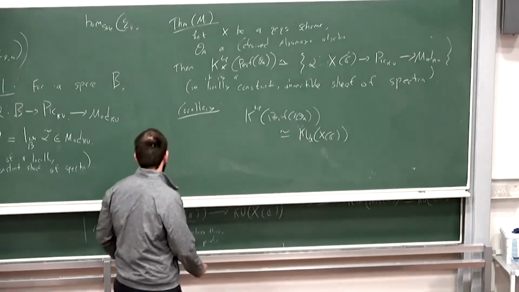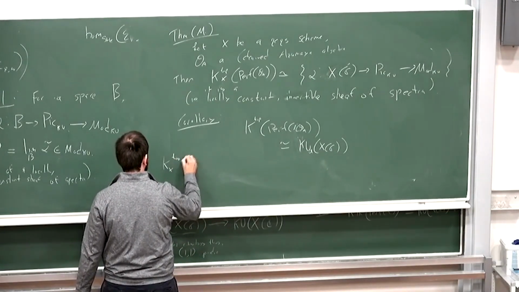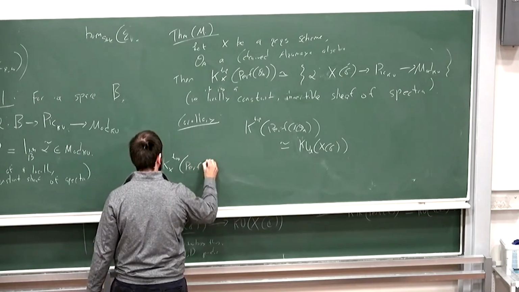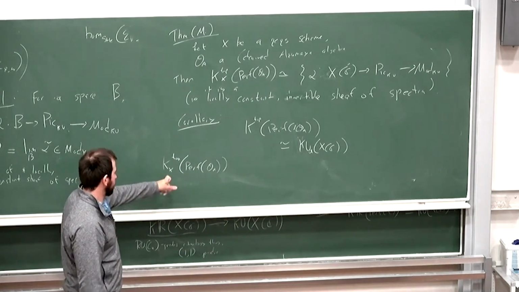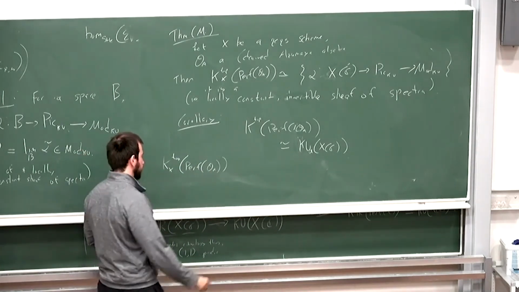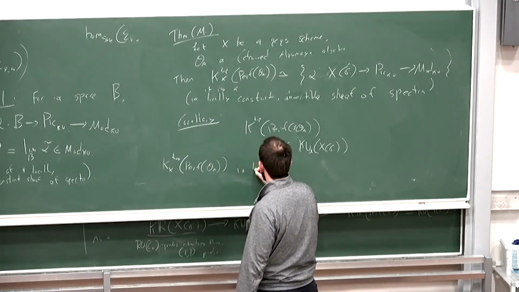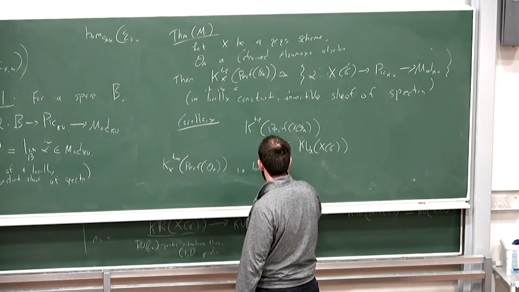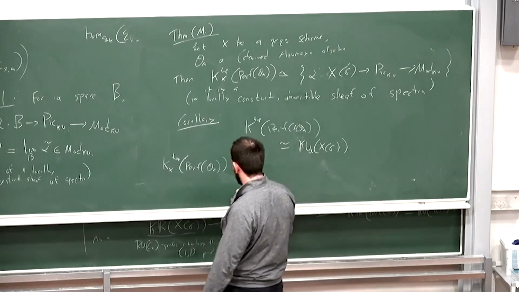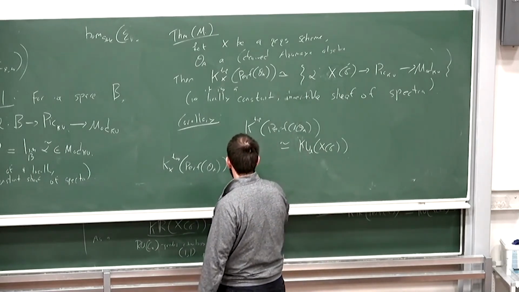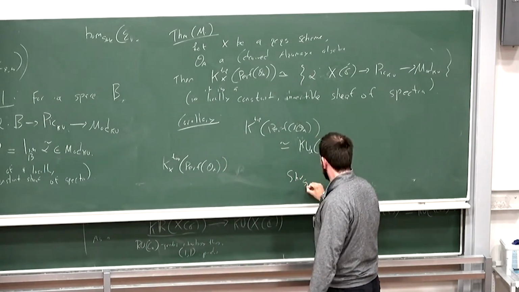This follows from the fact that I have this functor, and when I apply it to this category, the real statement is that this is locally constant and invertible.